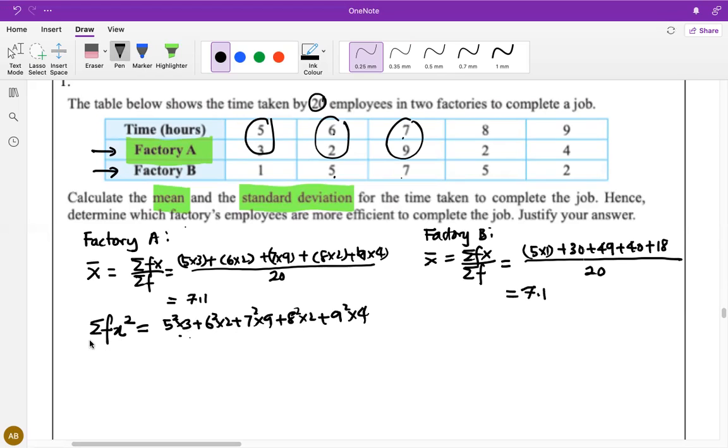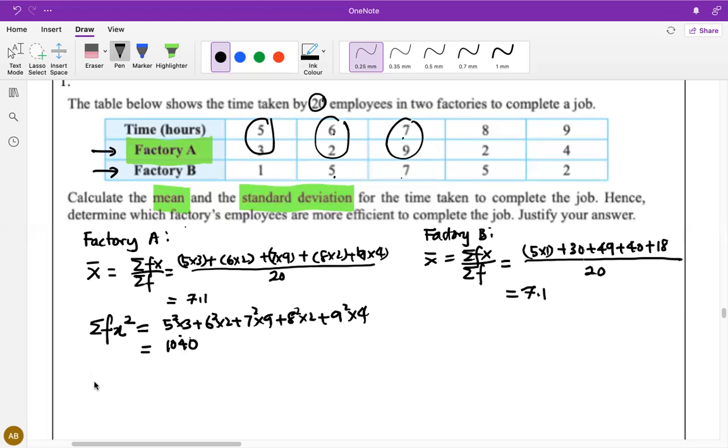Later on we divide by the total frequency. So you get 25 times 3 plus 36 times 2 plus 49 times 9 plus 64 times 2 plus 81 times 4. So it's 1040.